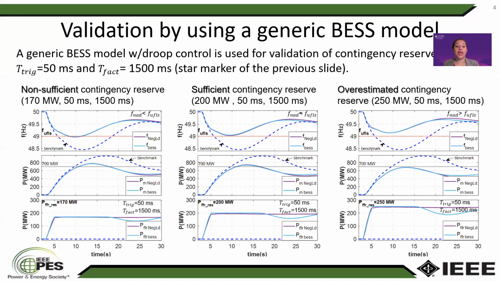The first one, a negative load can accurately represent the frequency response from the time of the contingency until the frequency nadir is achieved. And number two, the non-sufficient, sufficient, and overestimated contingency reserve identified by the method can be very accurate according to a battery model with droop control.